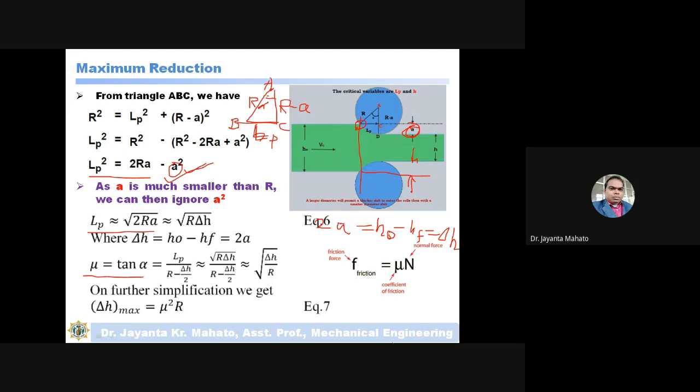From this, mu becomes root of del H divided by R. From this relationship, you can get the maximum reduction in thickness, that is del H. The del H maximum, when you ignore the a square value, equals mu square into R. So the maximum reduction can be increased by increasing either the coefficient of friction or the radius of the roller.